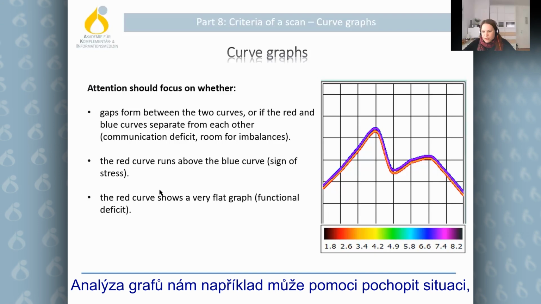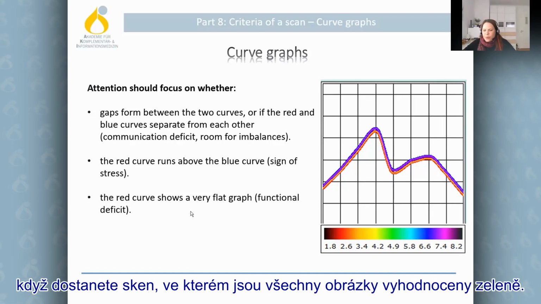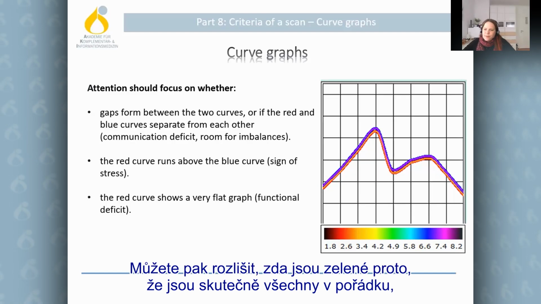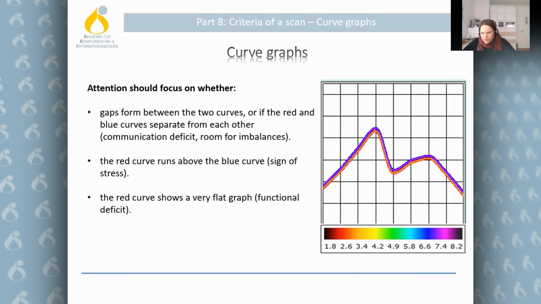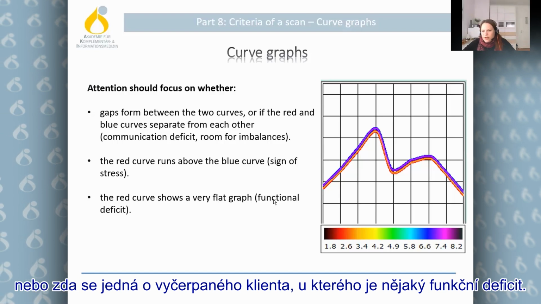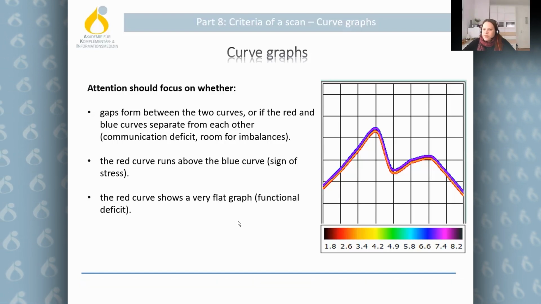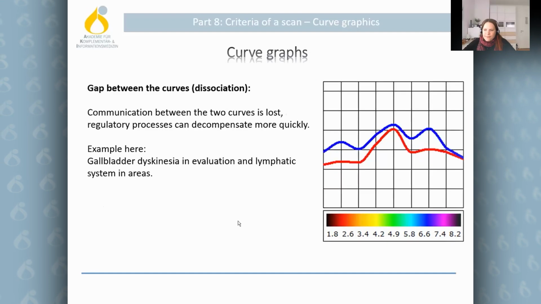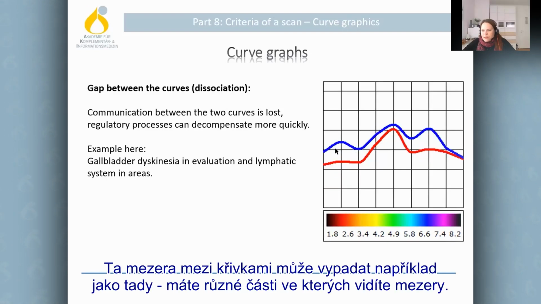This would be important to understand when you have a scan with completely green scan images, to understand if it's just green because it's okay, or is it green because the patient is exhausted, and this would come up with a functional deficit and a flat red graph. So, for example, the gap between the curves, it's like this.